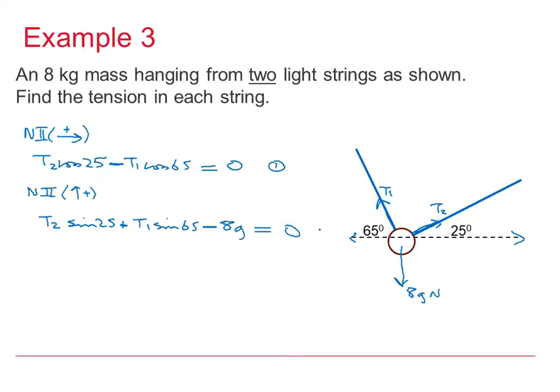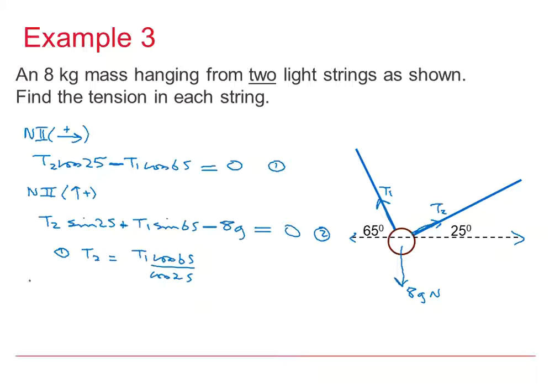So we've done our traditional methods, and now we are faced with simultaneous equations. So one approach to this would be to take equation 1 and rearrange for T2. So you get T2 is T1 cos 65 over cos 25.